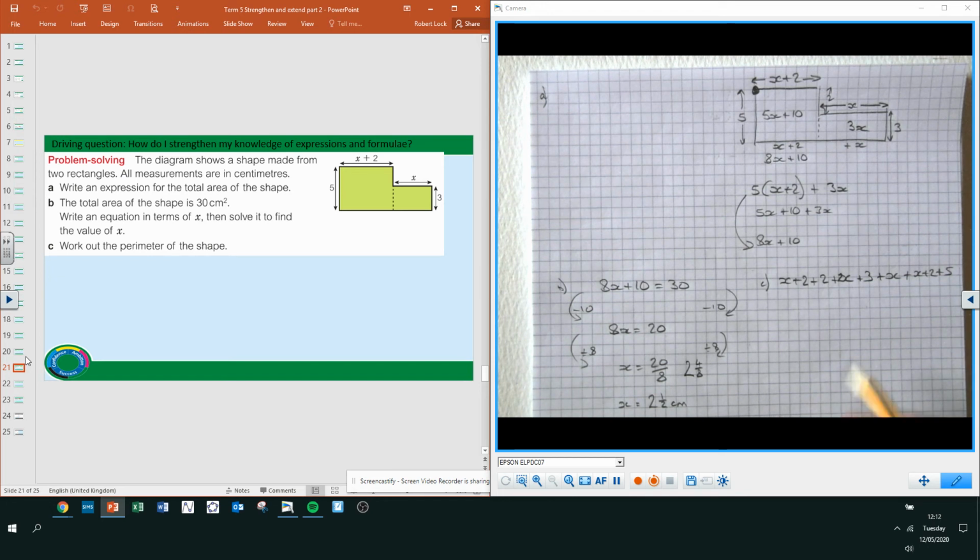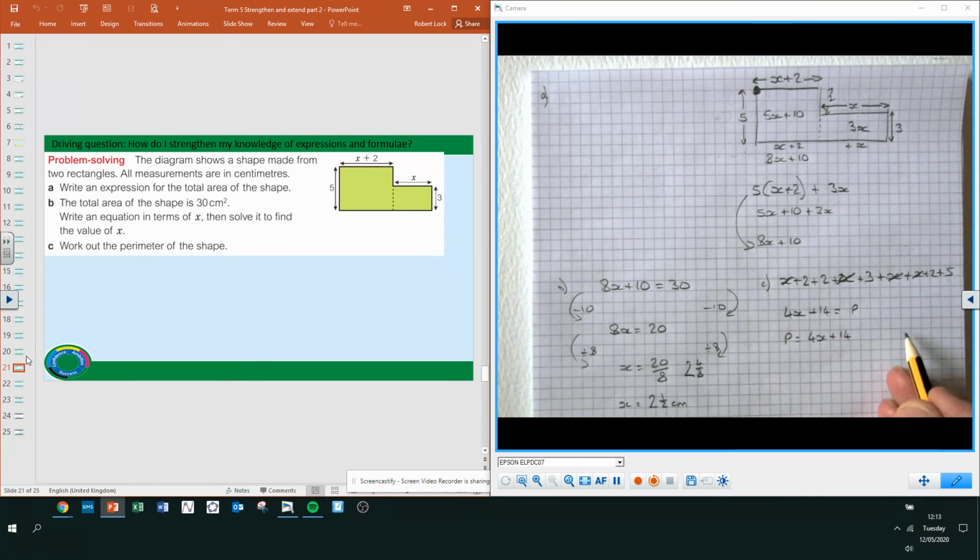Right. How many x's have you got in it? 1, 2, 3, 4. So it's 4x. 2, 4, 5, 6, 7, 8, 9, 10, 14. So P equals 4x plus 14.